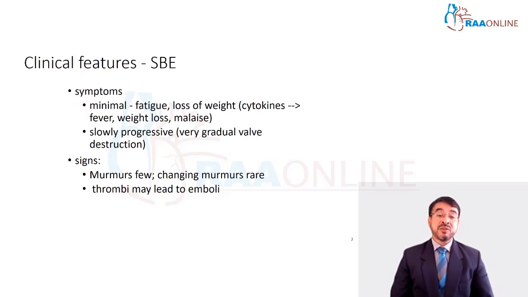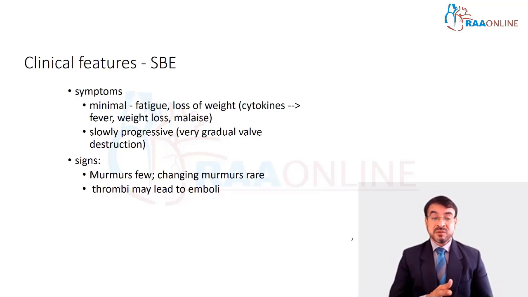In subacute bacterial endocarditis, the symptoms are minimal because these people already have an abnormal heart valve, and the bacteria that is causing the infection through bacteremia has a low virulence. So they would have very minimum loss of weight, which is due to cytokines, which also causes fever.